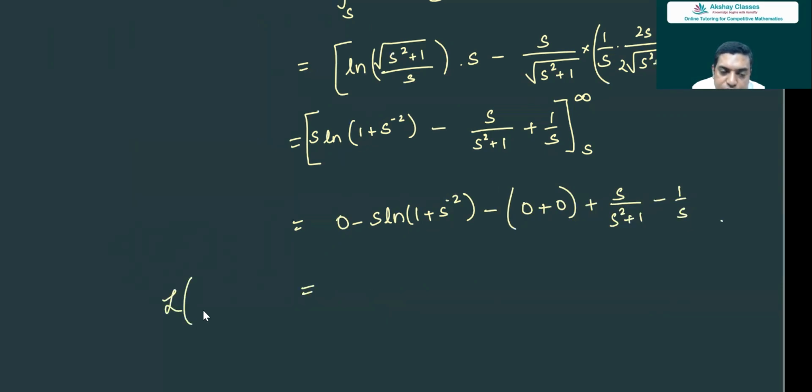So this is your result. This is the Laplace transform of 1 minus cos t upon t square. So we have to do it by integration.